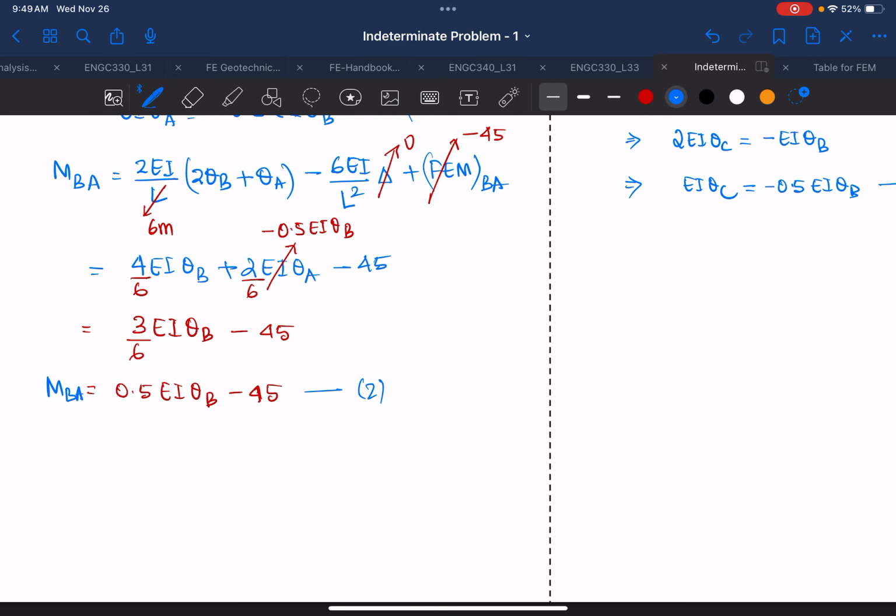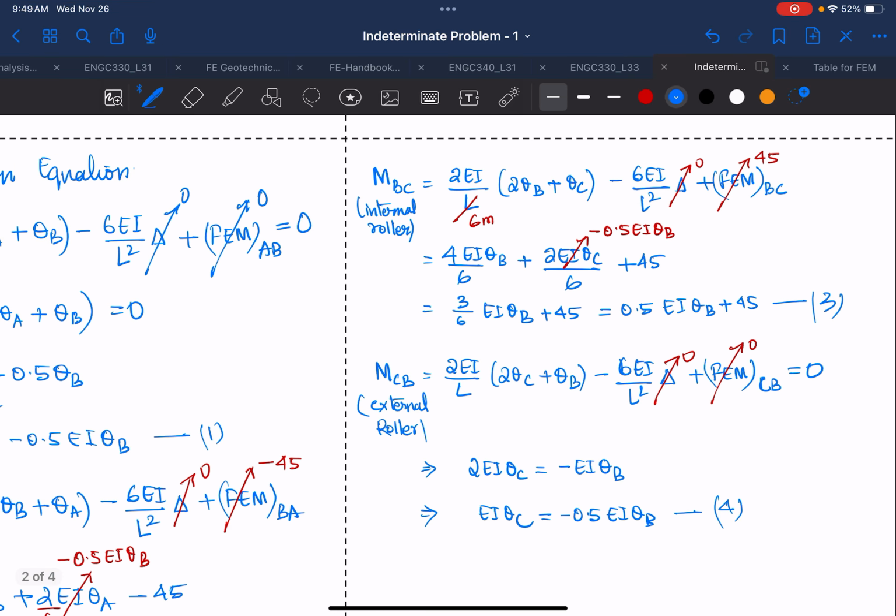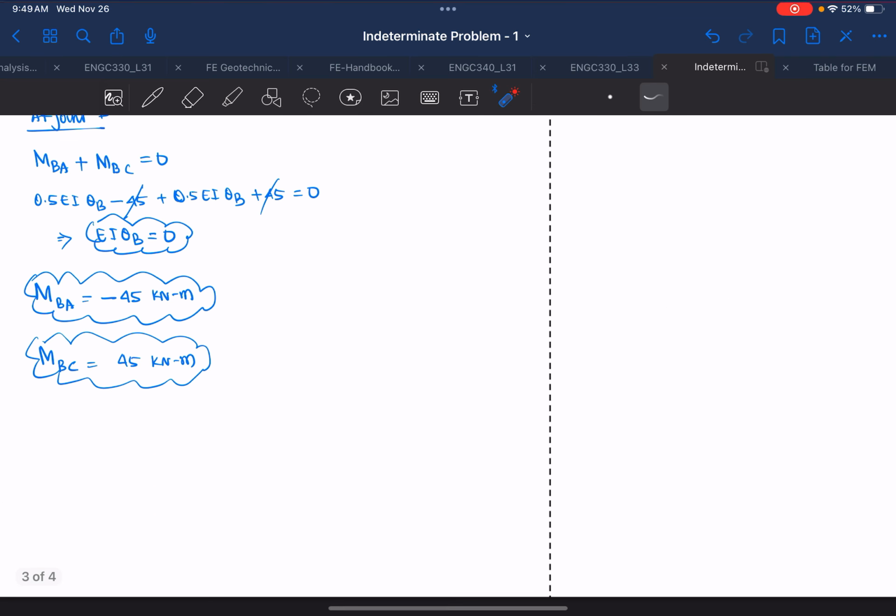So if EI theta B is equal to 0, it has to be equal to minus 45. And similarly for MBC, you'll see that if this is equal to 0, you have only 45. Okay, so that's how you get minus 45 and plus 45.